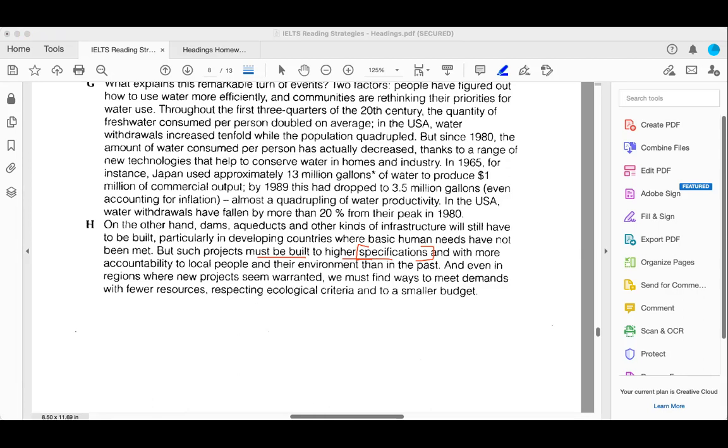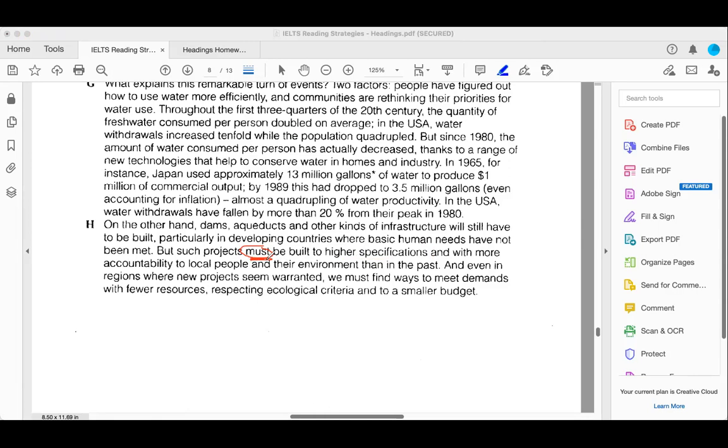And another thing very, very important with all the IELTS exercises, not only headings, is grammar. Grammar can help you a lot. IELTS uses the same grammar in the text and in the exercise. Here, IELTS is using must. What is must?